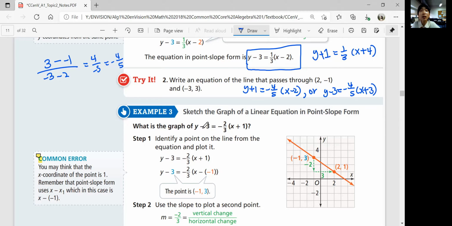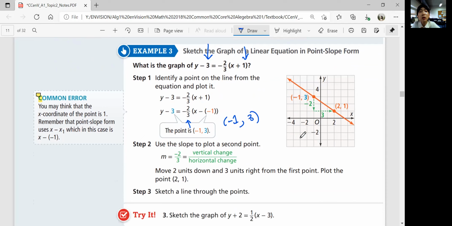Or if you look at your y sub 1 and x sub 1 values, they tell you a point because point slope form already has a point in the form, right? So your point is (-1, 3). Okay, so that's a point and your slope should be -2/3.